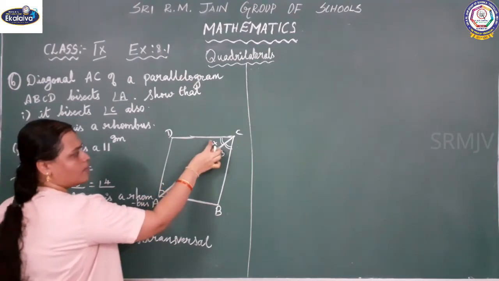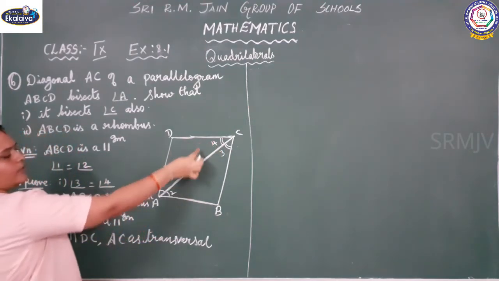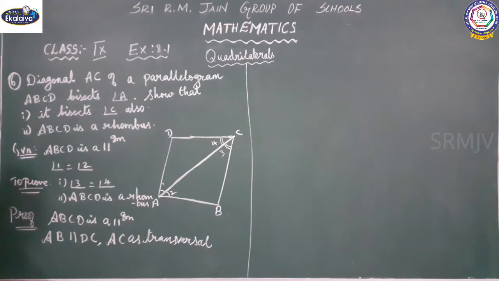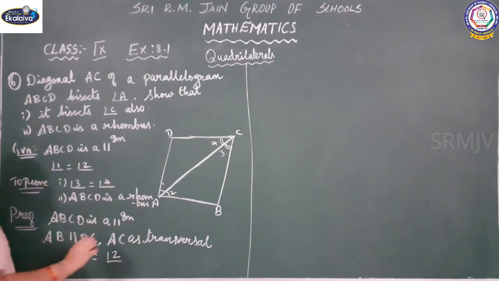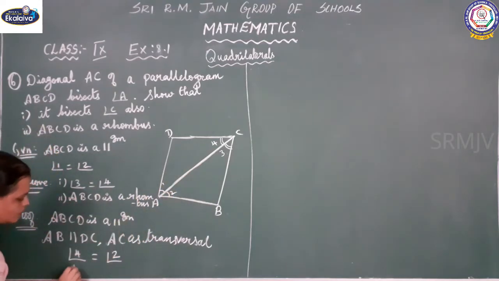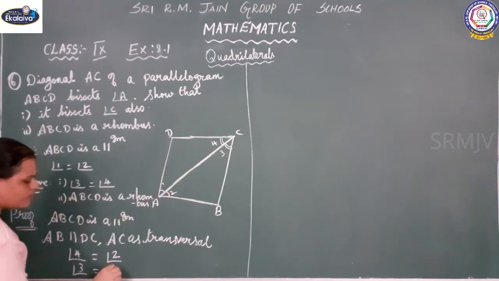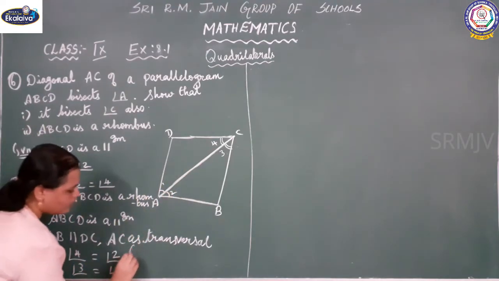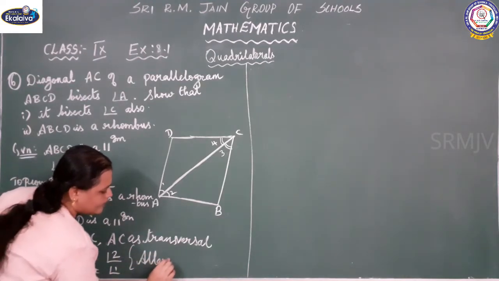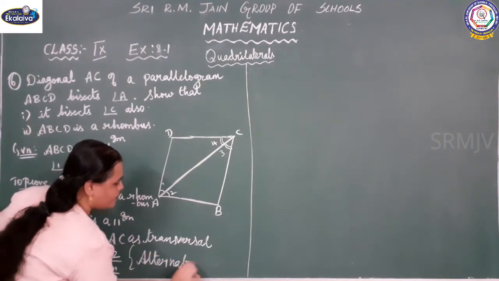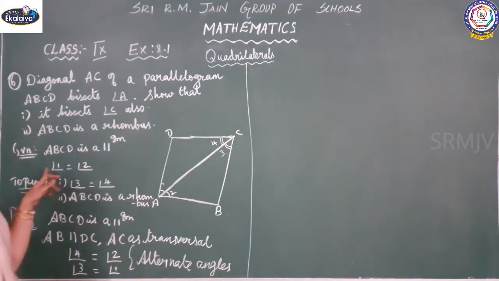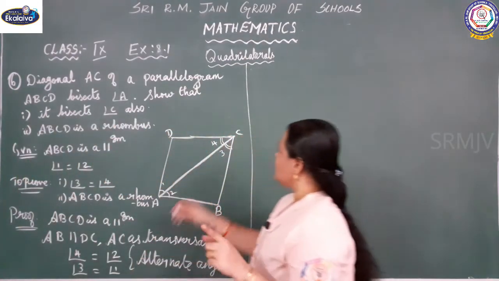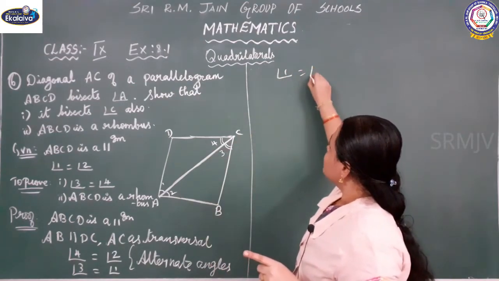Then what do you think about angles 4 and 2? Angle 4 is equal to angle 2. Similarly, angle 3 is equal to angle 1. Why are these two angles equal? Because they are alternate angles.